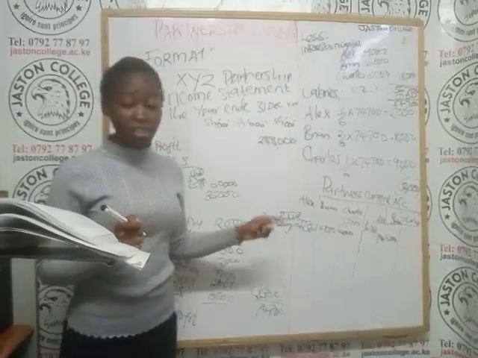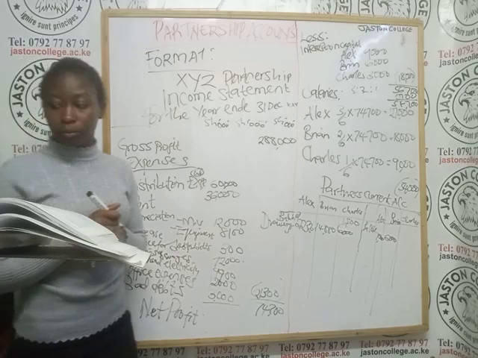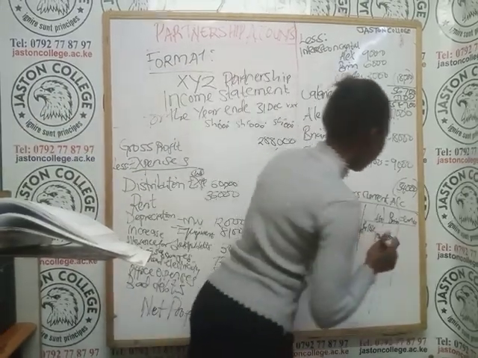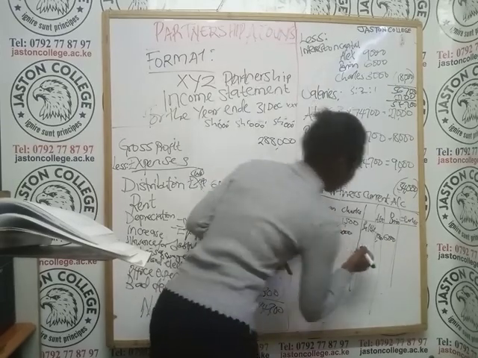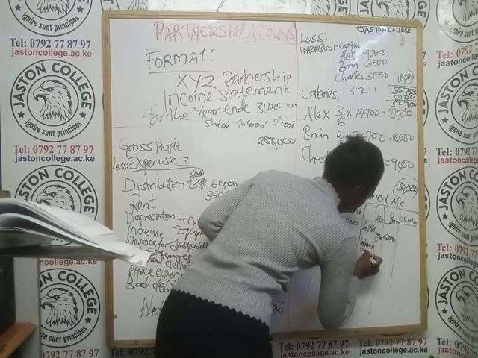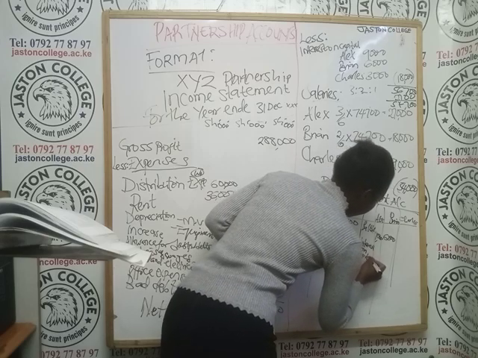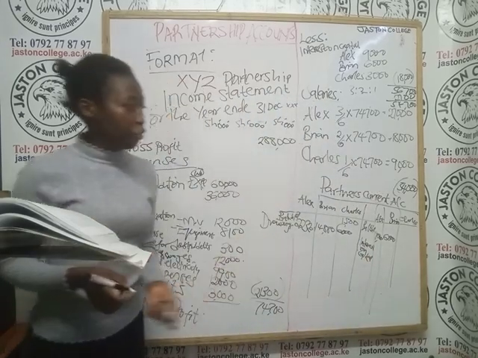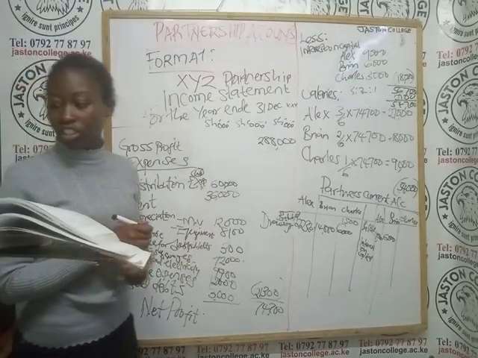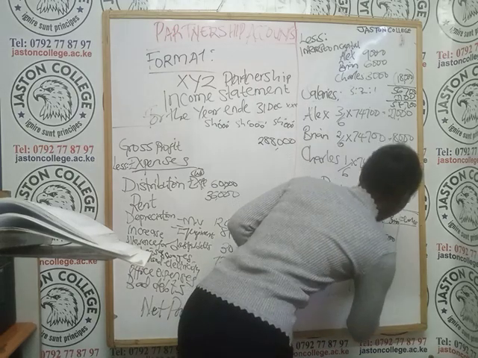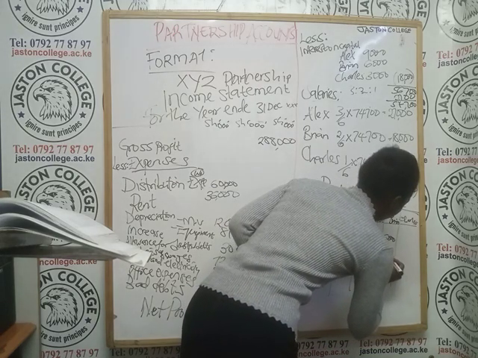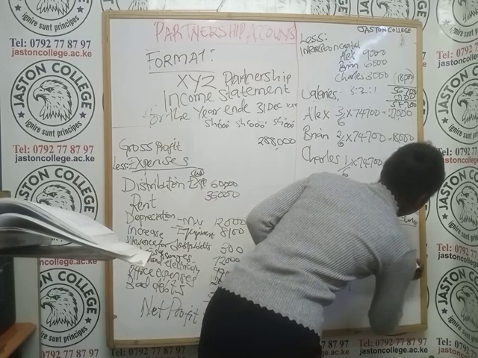We also have interest on capital on all the partners. Now the interest on capital will be on the credit side. Interest on capital, we write it here. For Alex was 9,000, for Brian 6,000, and Charles 3,000.